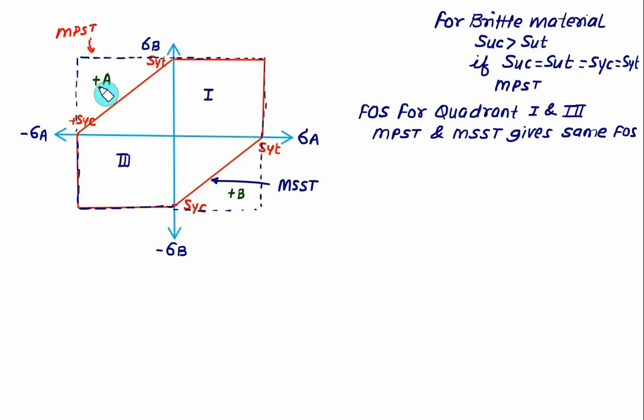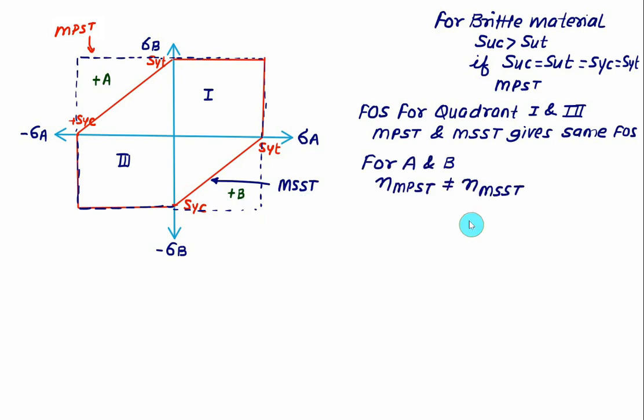But it is outside the MSST, so the part will fail at A. Similar is true for B. B is inside the MPST boundary, so the part does not fail, but according to MSST, the part will fail.